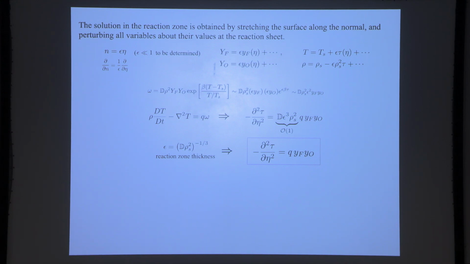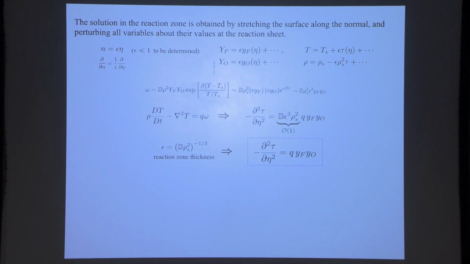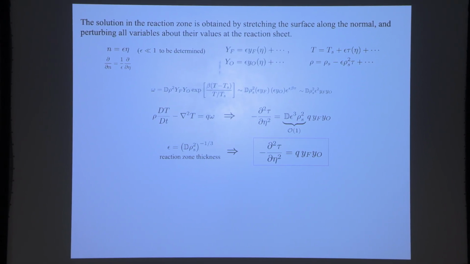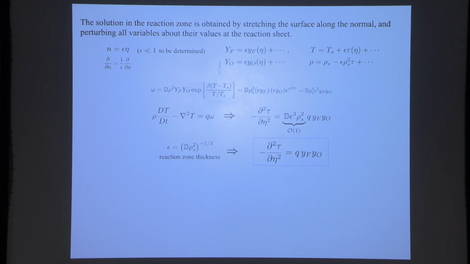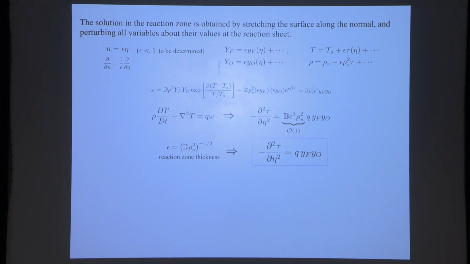And what I also showed you is that in the reaction zone, essentially, it's primarily the mixing of the fuel and oxidizer that occurs, because in the large Damköhler number limit, without further assumption, the reaction zone occurs at a constant temperature. So it's like an isothermal reaction zone.